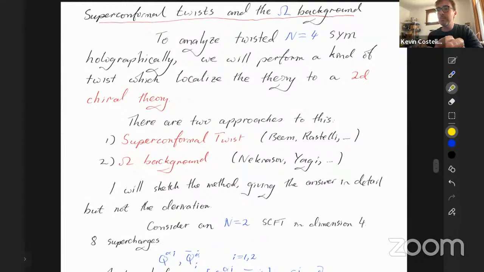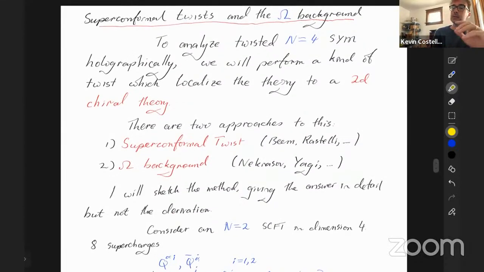So I want to focus on a construction which seems a little odd at first, whereby one starts with a 4-dimensional N equals 2 theory, which you assume is superconformal, and then you turn it into a 2-dimensional chiral theory. So this is a little bit funny. It's a little bit of a different thing than we did so far.